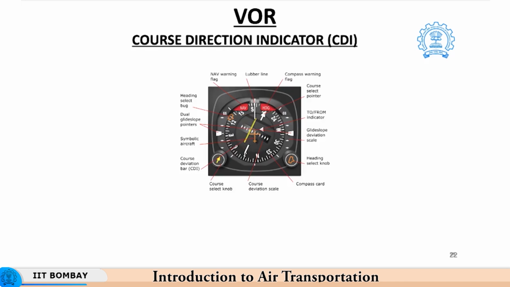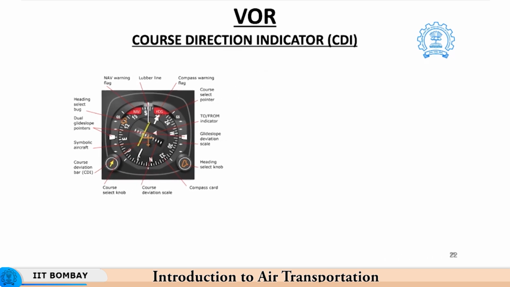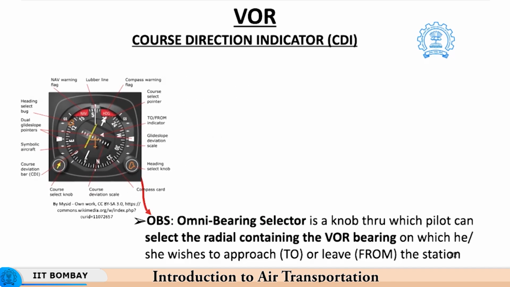Now let's understand what equipment is utilized by the pilot on the aircraft. This equipment is called the course deviation indicator. There are many parts related to a CDI, and the two most relevant aspects that the viewer needs to understand are, first, the OBS, which is short for Omni Bearing Selector.